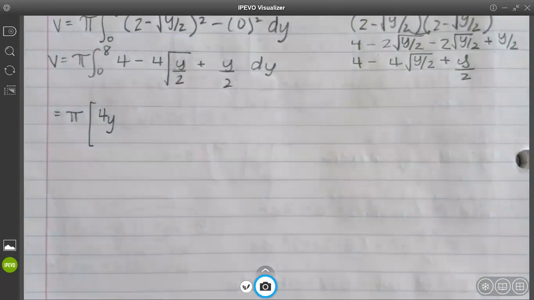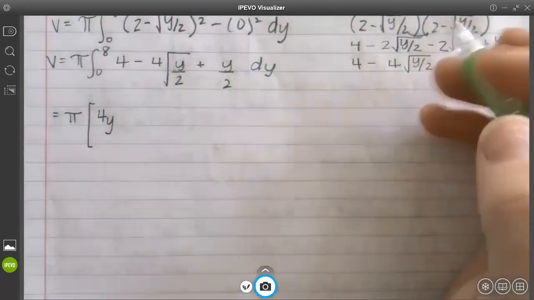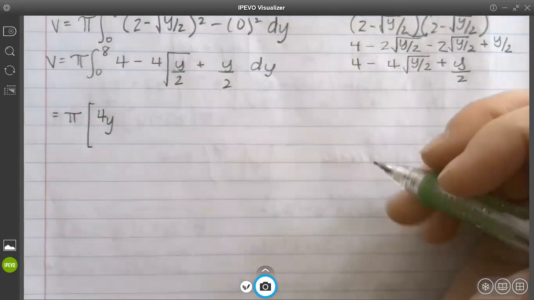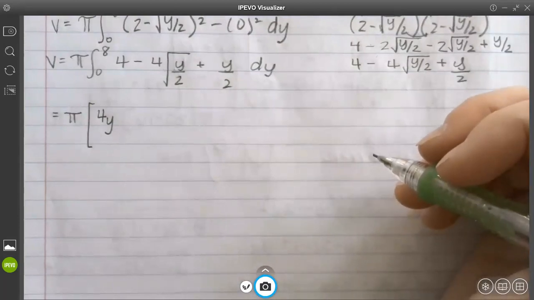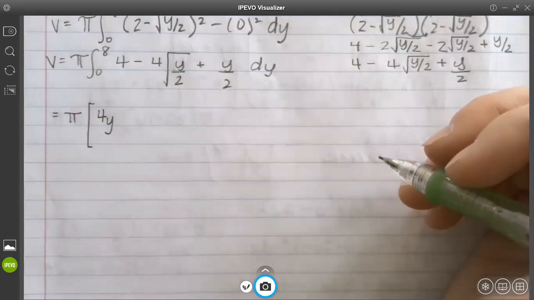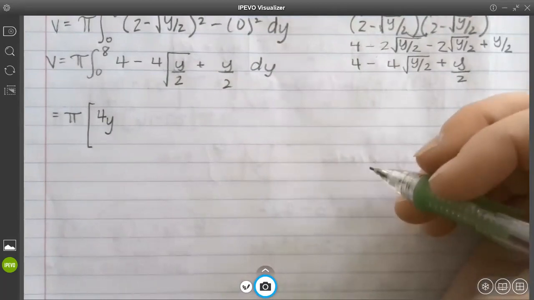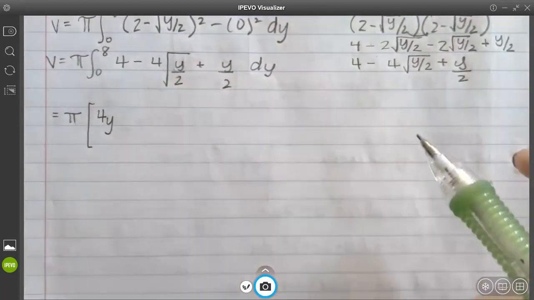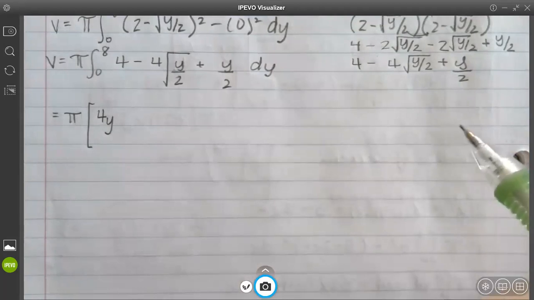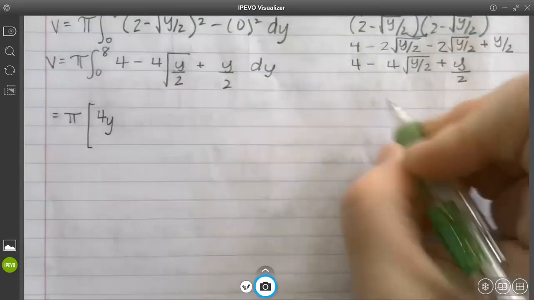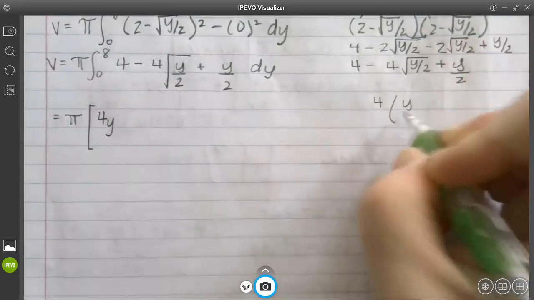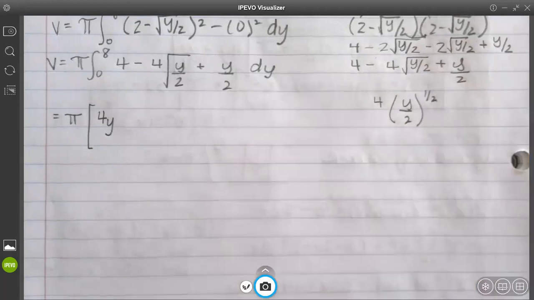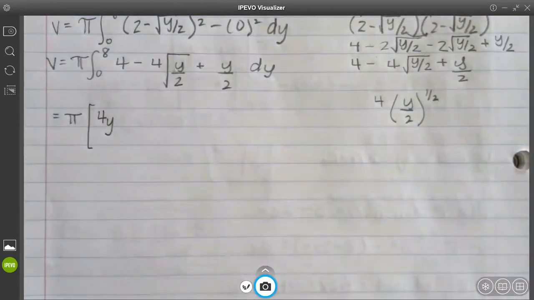Did anybody fix it? Don't do anything yet. Let me see if that will actually work, because that is not how I did it. So he said, make y over 2 to the 1/2 power. So what would I do?